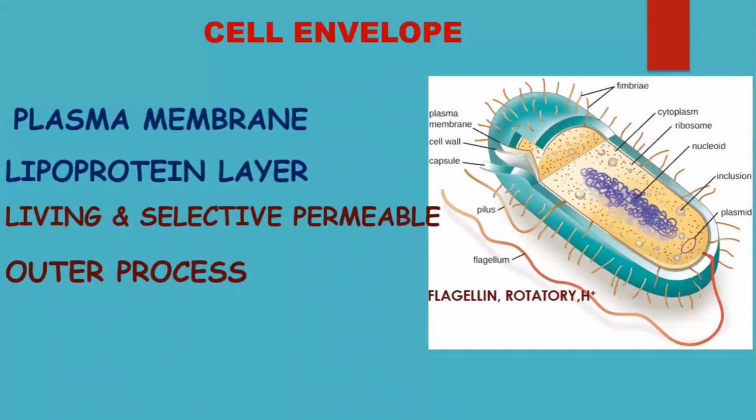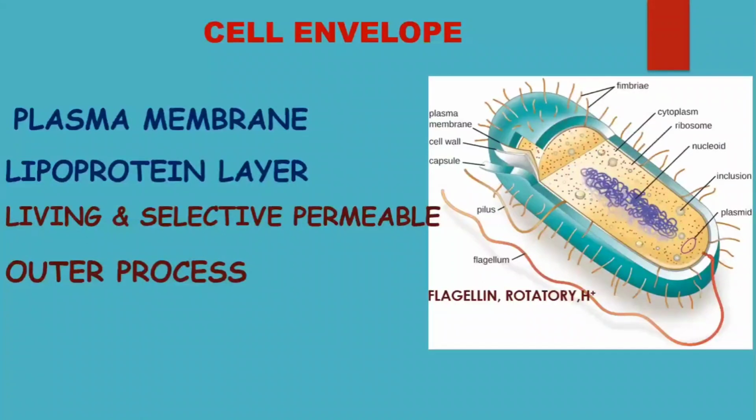This flagella, can you see that long hair-like structure? Yes, it is made up of a protein called flagellin. It provides rotatory movement. Remember, if you compare flagella of a prokaryotic with a flagella of eukaryotic, in case of eukaryotic, their flagella is made up of tubulin protein, while in case of prokaryotic, it is flagellin.